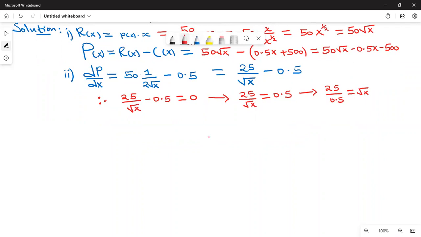So root x is equal to 50. You square both sides to get x. So root x squared will give us x is equal to 50 squared, which is 2500. And these are units. X is 2500.